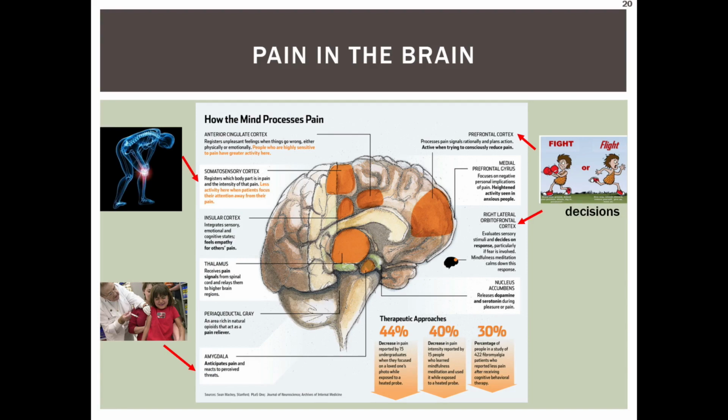And then within the actual central nervous system itself, your brain processes pain in a lot of different areas. First, in parts of the cortex, it's giving you a sense of where is the pain? What is your perception of that pain?